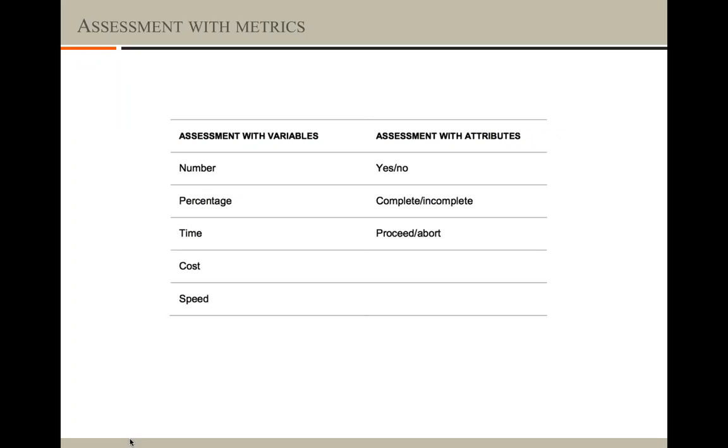Variables could be number, percentage, time, cost, speed, and attributes are typically yes, no, complete, incomplete, proceed, abort. So you should try to see whether your goals are easily evaluated with variables or with an attribute measure. But having a measure is very important. Either a variable or an attribute measure is what you should aim for.